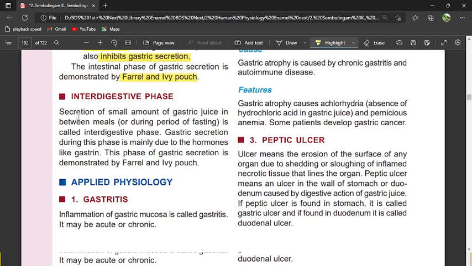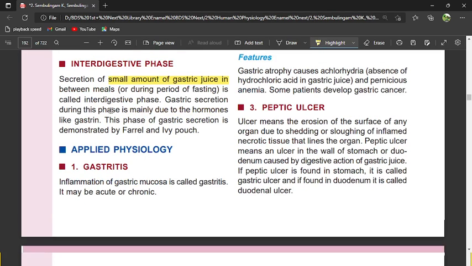Interdigestive phase: the secretion of a small amount of gastric juice between meals or during fasting is called the interdigestive phase. Okay, the gastric secretion during this phase is mainly due to hormones like gastrin. This phase is demonstrated by Farrell AB pouches.